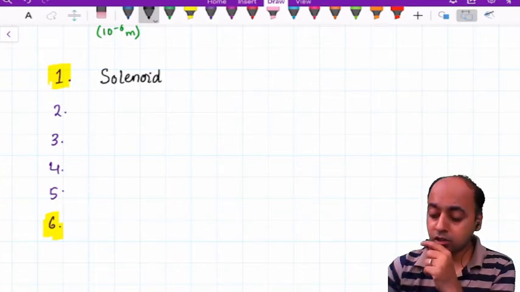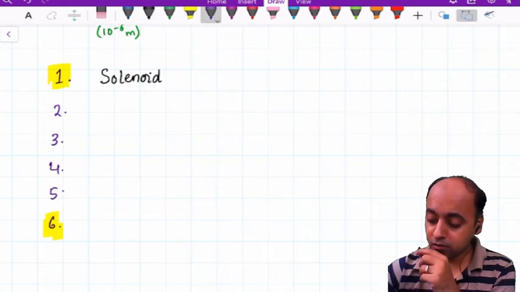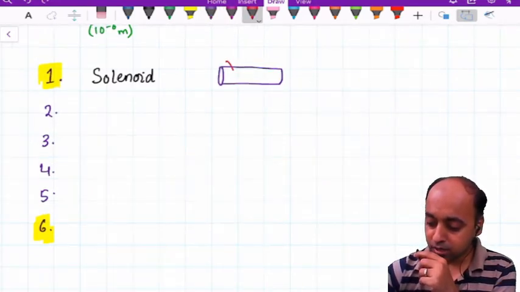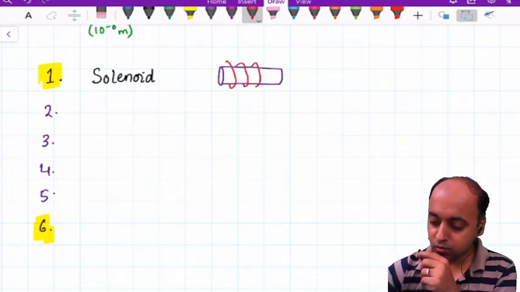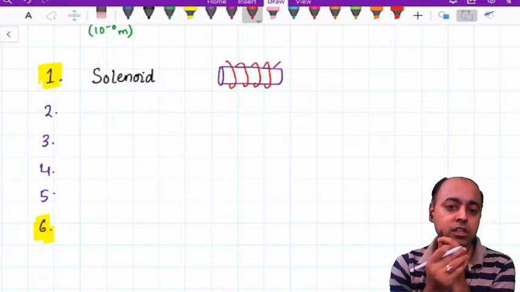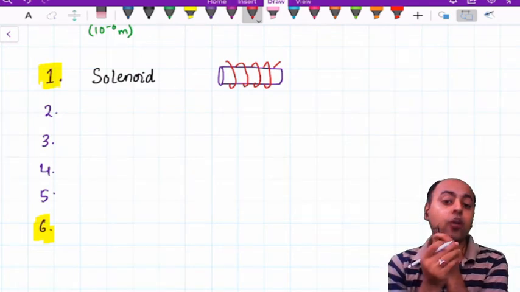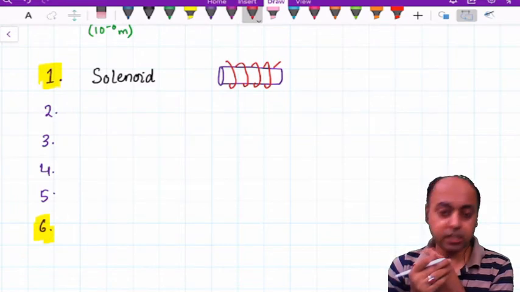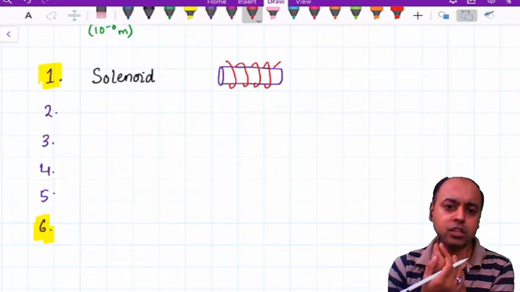What is a solenoid? A solenoid is a structure where we have a central cylindrical core around which the wire is wrapped. Don't worry, we'll go into the details of this structure very soon. So the first arrangement of the DNA is in the form of the solenoid.